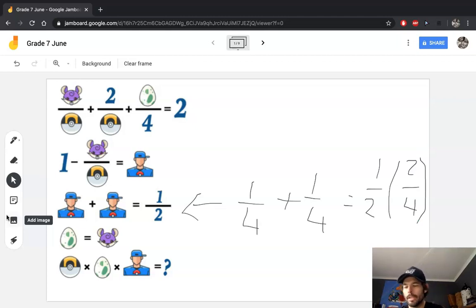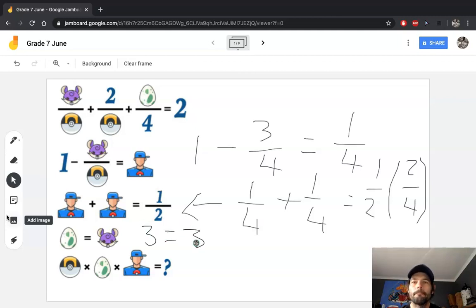So that means for my second line, 1 subtract 3 quarters must be equal to 1 quarter, okay? I know that from the fourth line over here, 3 is going to be equal to 3, okay?